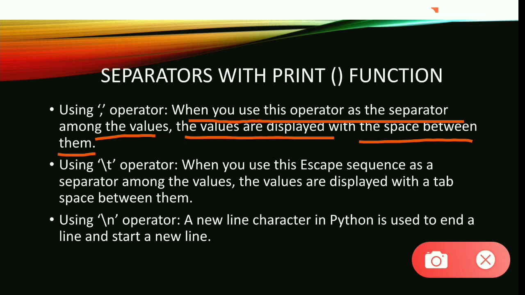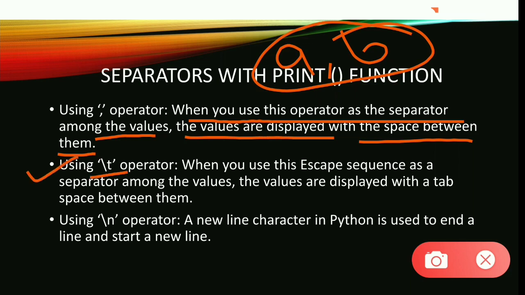Means if you are passing the two arguments a and b, it will give you a and b as output, but with a space between these two parameters. Okay, but with the help of the tab space, when you use this escape sequence as a separator, the values are displayed with a tab space. Means you will get a tab space between the a and b parameters.